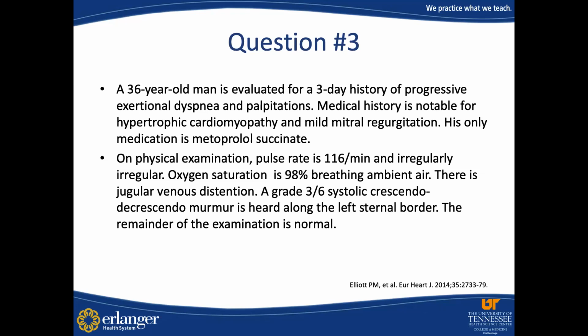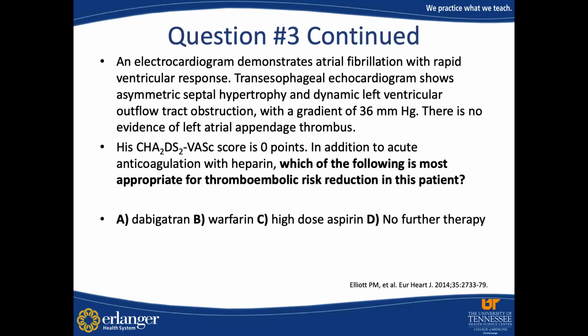These questions are long, so prepare yourself. You get an electrocardiogram and you see AFib with RVR. Then you do a transesophageal echo and you notice asymmetrical septal hypertrophy, dynamic LV outflow tract obstruction, and a gradient of 36 millimeters of mercury. There's no evidence of left atrial appendage thrombus. His CHA2DS2-VASc is 0.